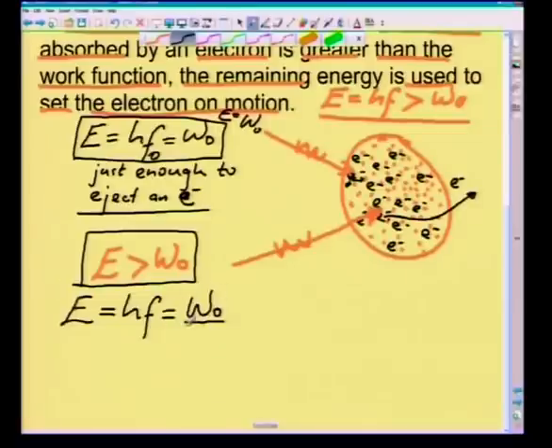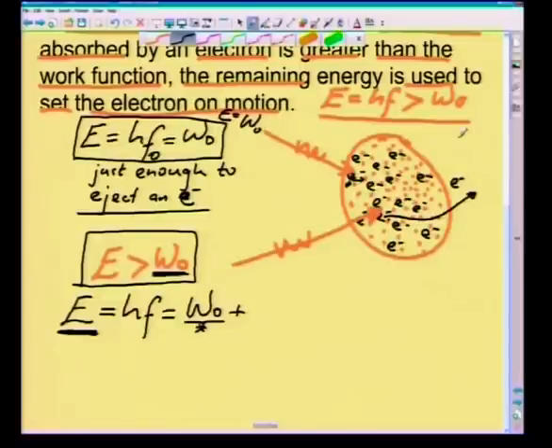But then, because this energy is more than the work function, if we want to get the total energy that was brought in by the photon, it will be the energy used to overcome the work function plus the energy that caused the electron to move away.